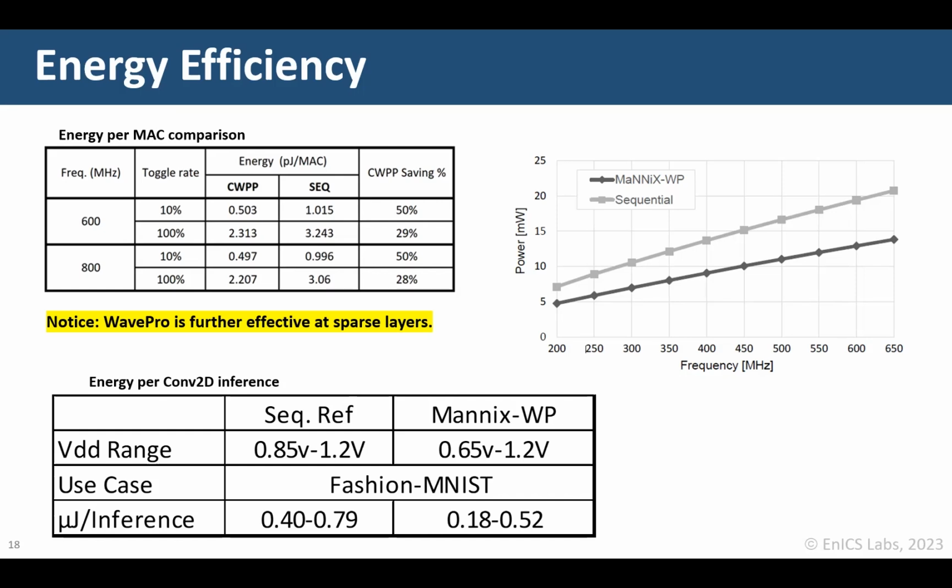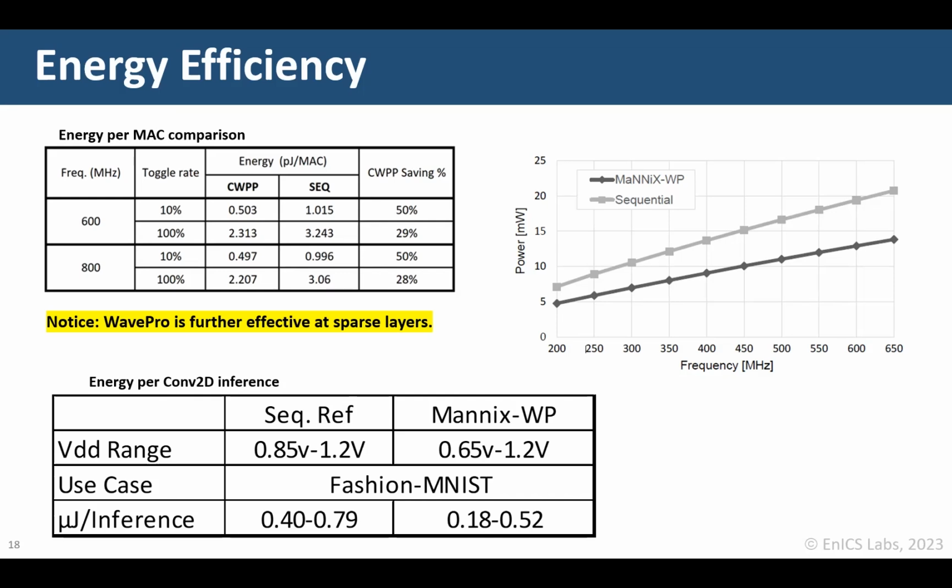This is what we have measured in our clockless wave-propagated design versus the sequential reference. If the toggle is 100%, meaning everything is changing every cycle, the data and the weights, every bit toggles in the design, then the saving goes down to 30%, which is still substantial.